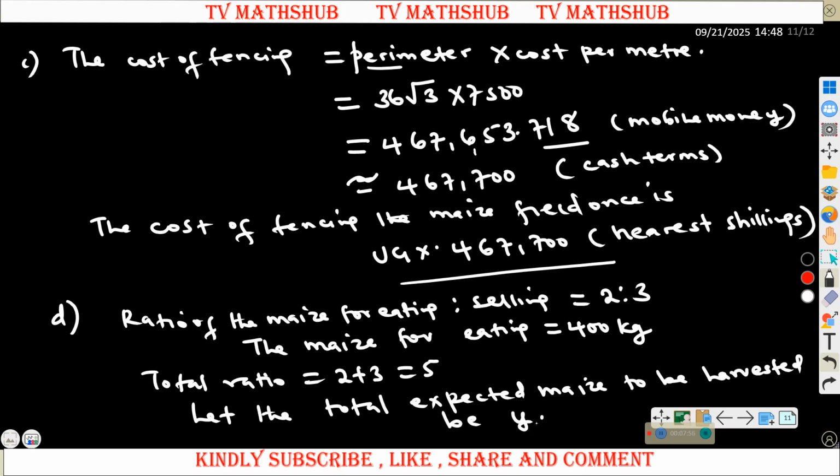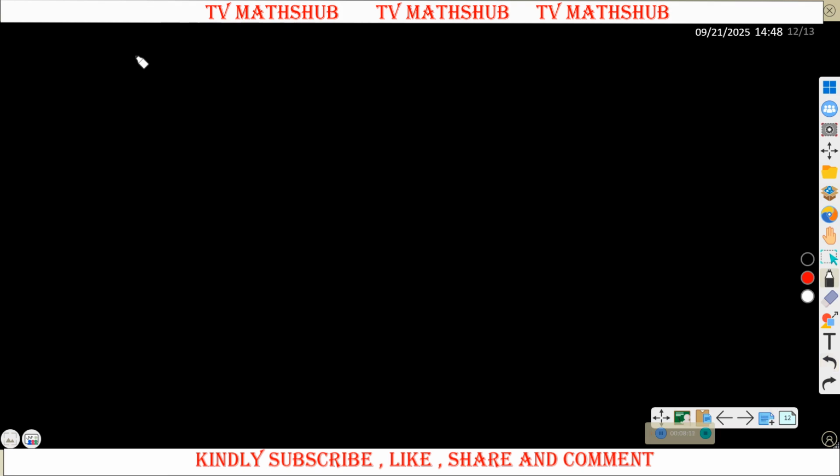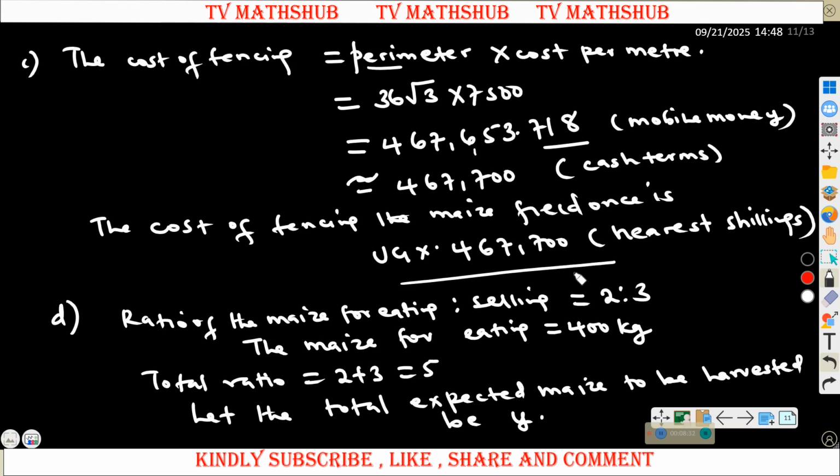If the total is y, then what is the fraction that corresponds to the one for eating? Maize for eating takes 2, and selling takes 3. So the fraction will be 2 out of 5, the total ratio.